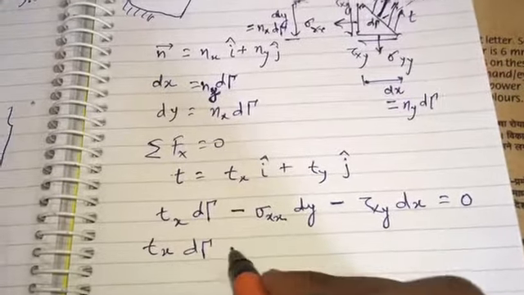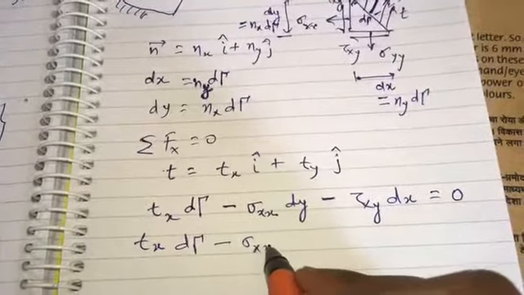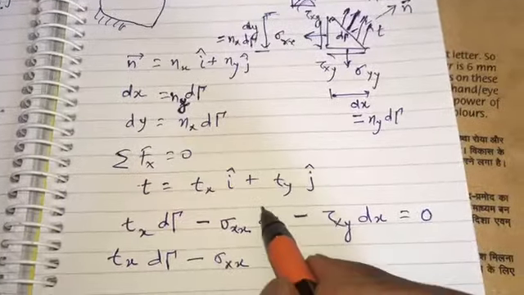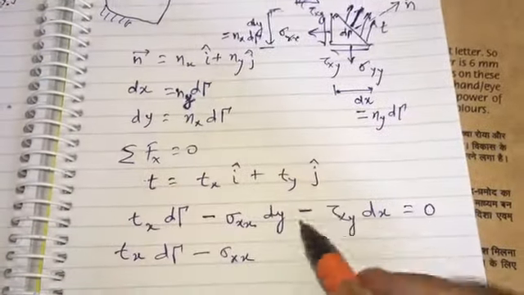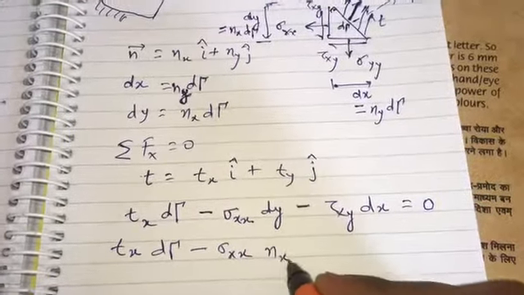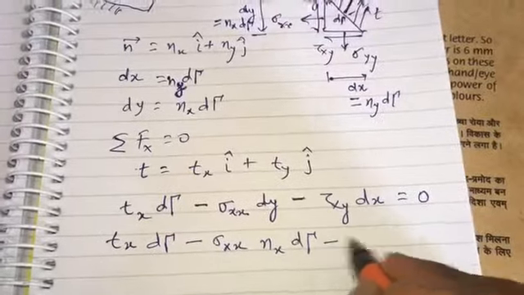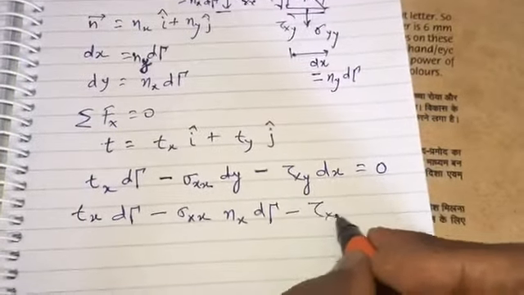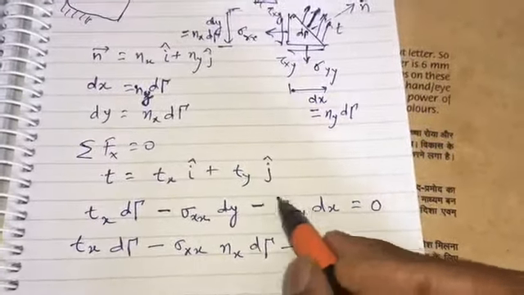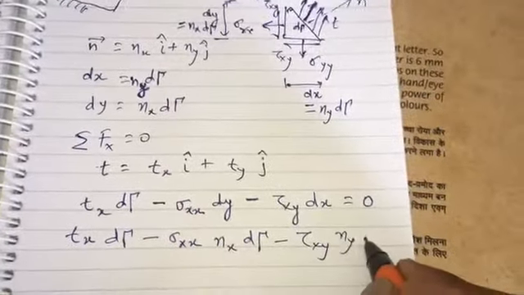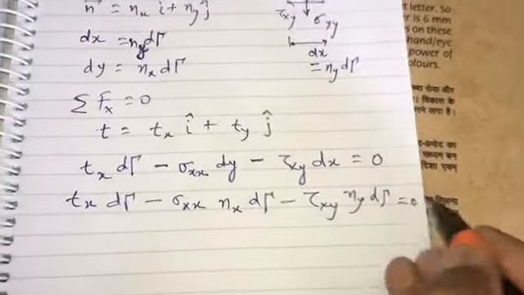Or we get tx d gamma minus sigma xx times dy, which is nothing but nx d gamma, minus tau xy times dx, which is nothing but ny d gamma, equal to 0.